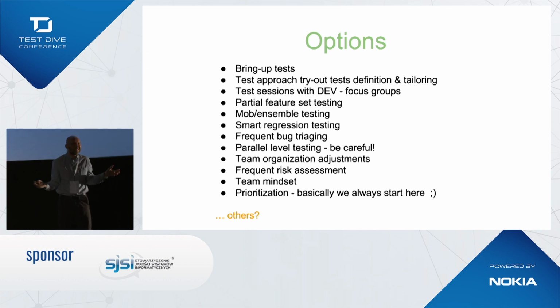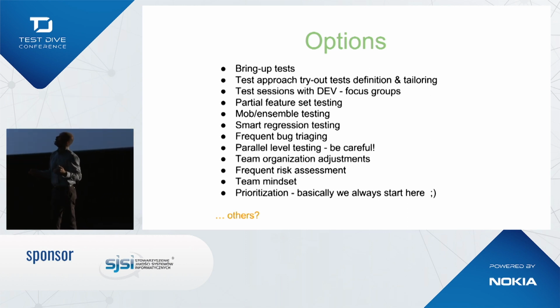Because it doesn't make sense to perform any tests on system level if we still have the problem on the integration level, because it will not work anyway. So there is a danger. But we can do this. There is an option. Just like with Google design thinking, so far we are not judging. Normally we do not judge at the beginning which option is good or bad. We just put it on the paper. And later on, we figure out which is better or which is a bit less.